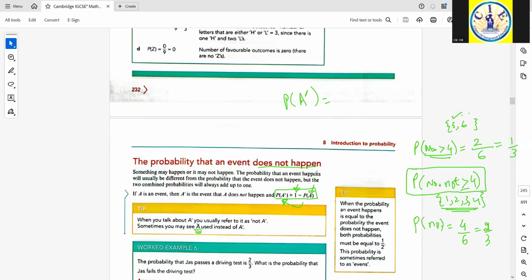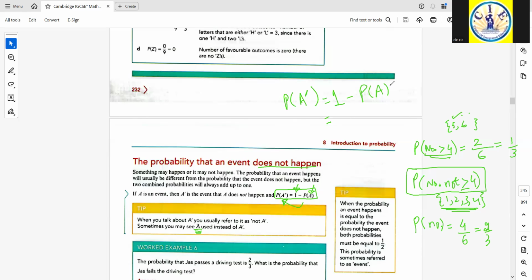I can use this formula: 1 minus the probability of the numbers which are actually less than 4. So these are 1, 2, 3, and 4.